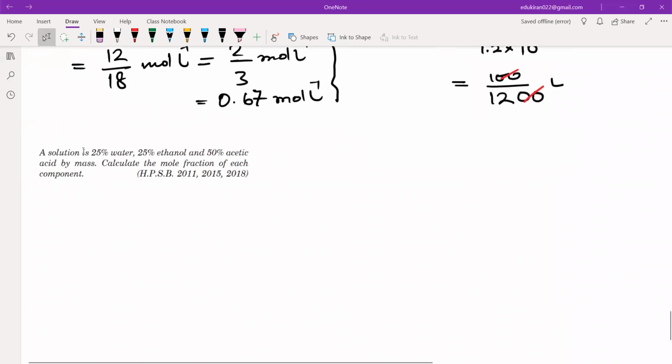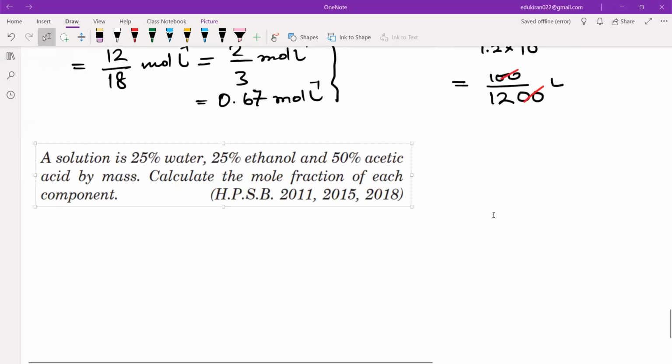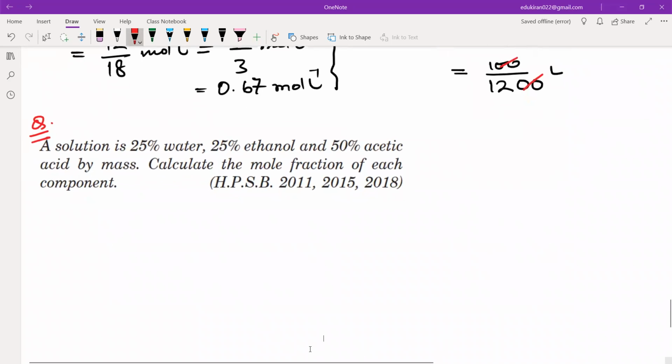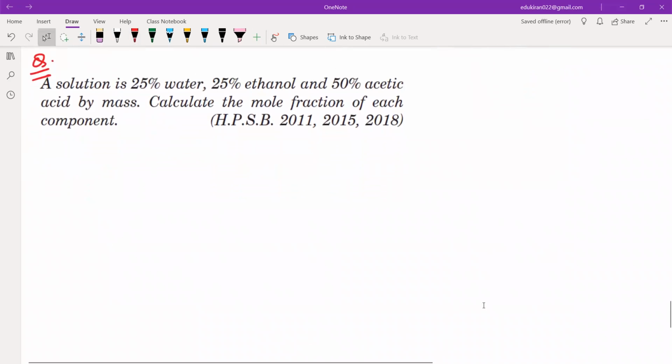No. Write this question. This has been asked multiple times. Please write this down. A solution has 25% of water, 25% ethanol, 50% acetic acid.